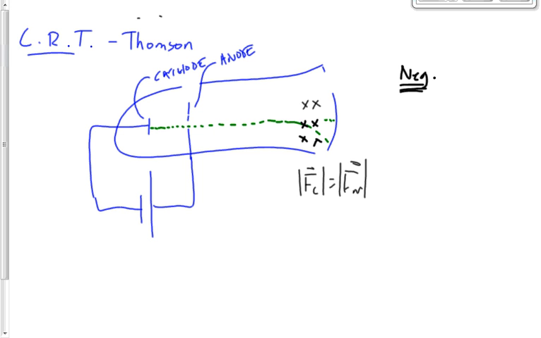Centripetal force equals magnetic force: mv squared over r equals qvb. He knows what r is because he can determine that from where it hits the screen. He knows what B is because he's the one that set up the magnetic field. One of the v's cancels out. That simplifies things a little bit. But he doesn't know what m is, he doesn't know what v is, and he doesn't know what q is.